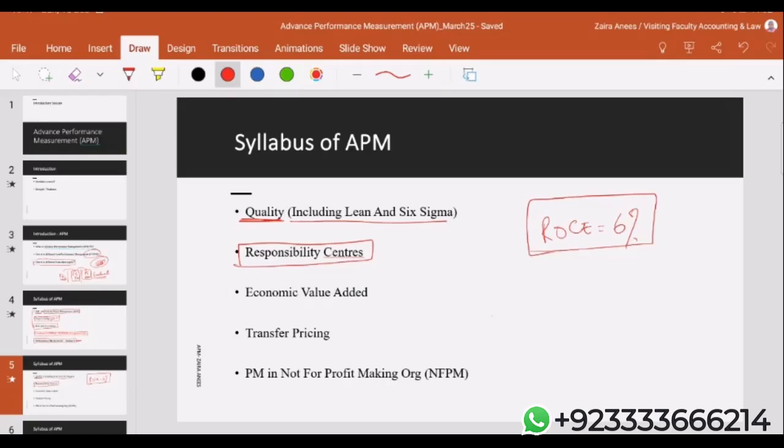We are supposed to generate income which gives a 12% ROCE or maybe 8% ROCE. But this was a question where you were not supposed to generate ROCE of more than 6%, because that means you are charging extraordinary profits from the customer. So in these sorts of situations, you need to prepare yourself to understand the question properly, what they are actually trying to ask from you.